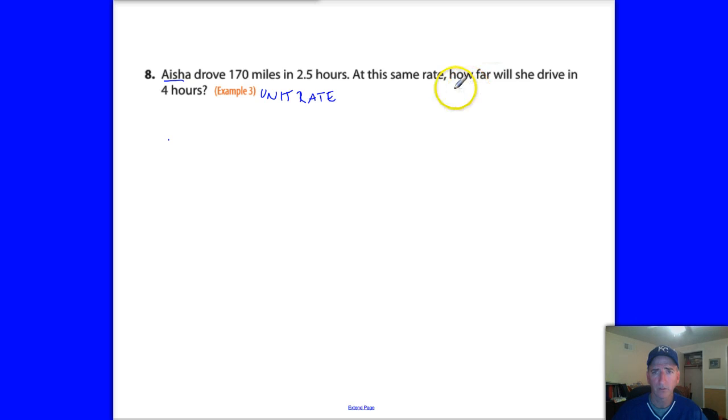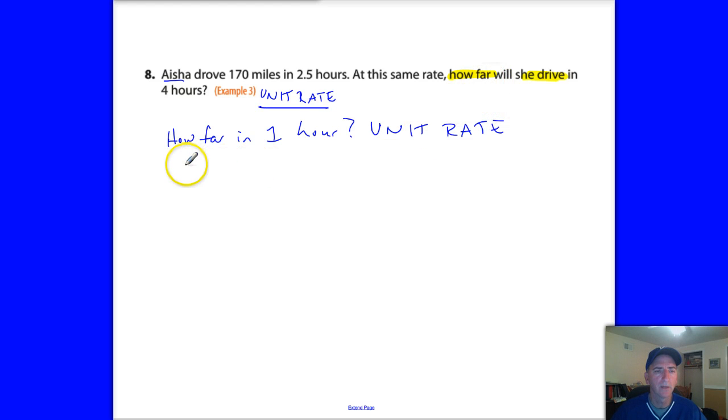What are you trying to find when you're done? You're trying to find how far she will drive in 4 hours. So the question is, how far will she go in 1 hour? Well, that is whatever the unit rate is. We want to know miles, so we're going to find miles per 1 hour.